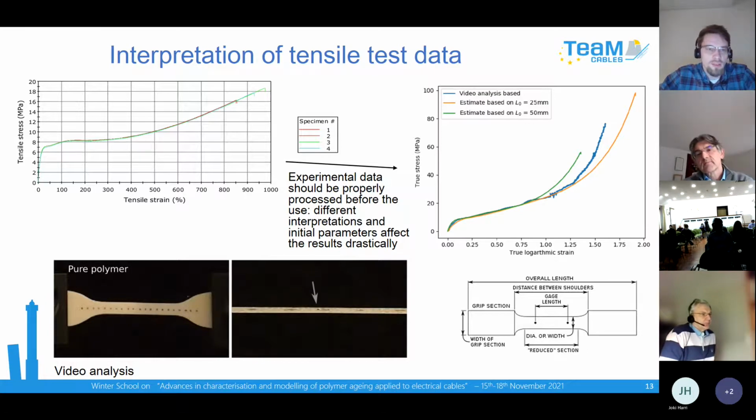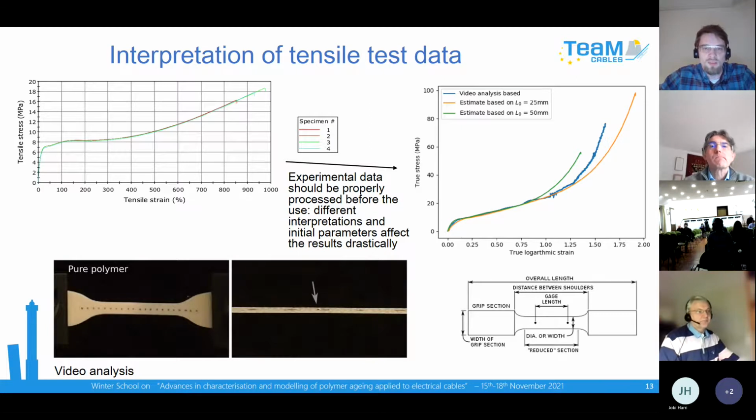On the left of this slide, you can see the stress strain curves obtained in experiments. We have several specimens, and we do a procedure of averaging to get one stress strain curve to use in further simulations.